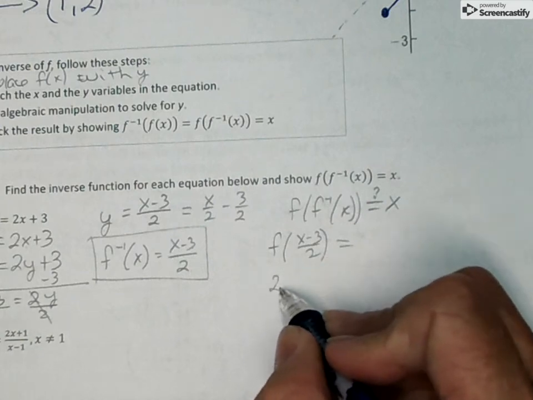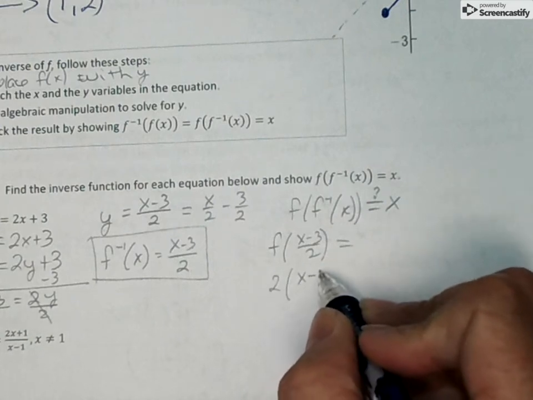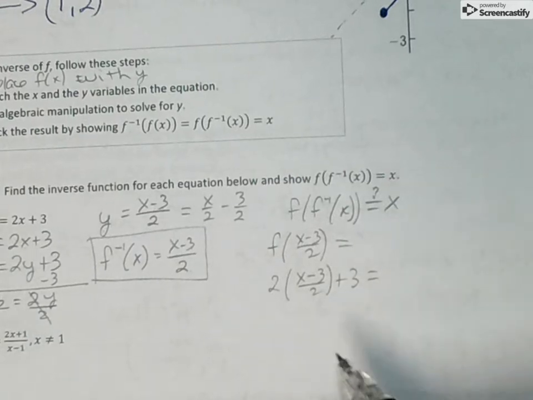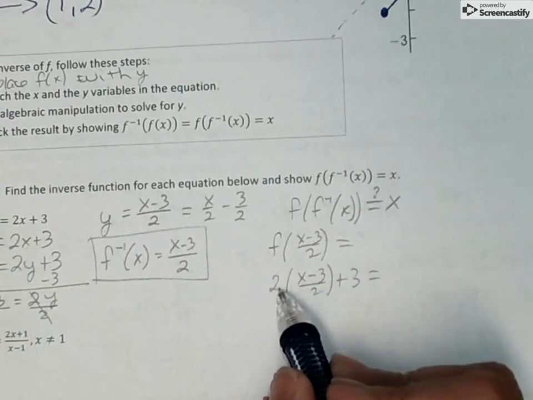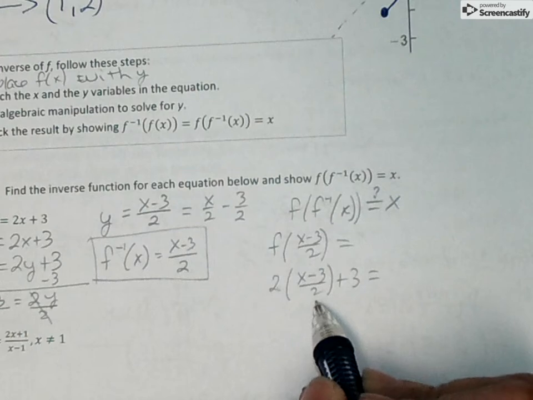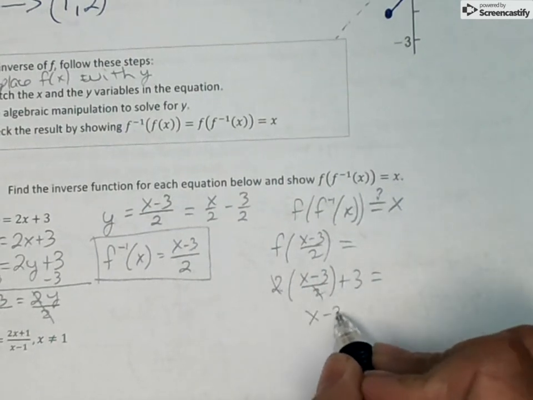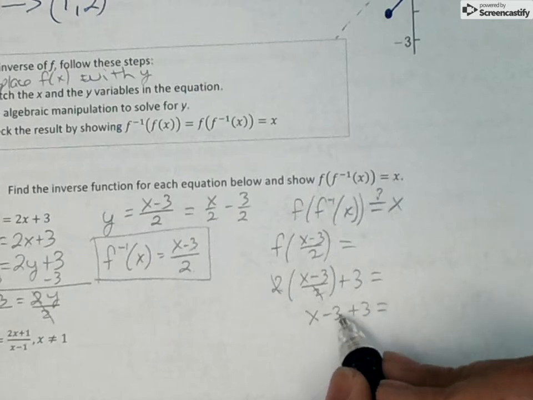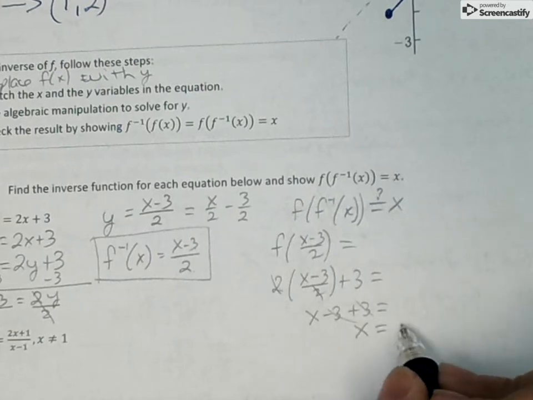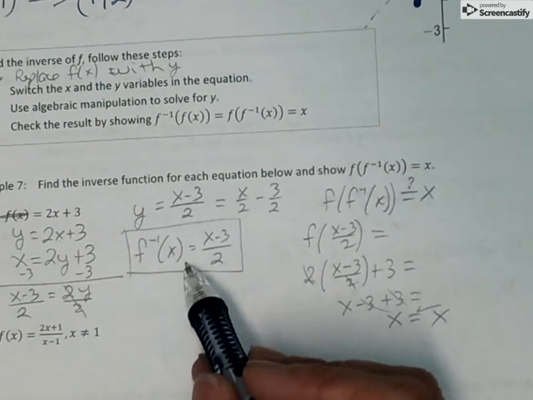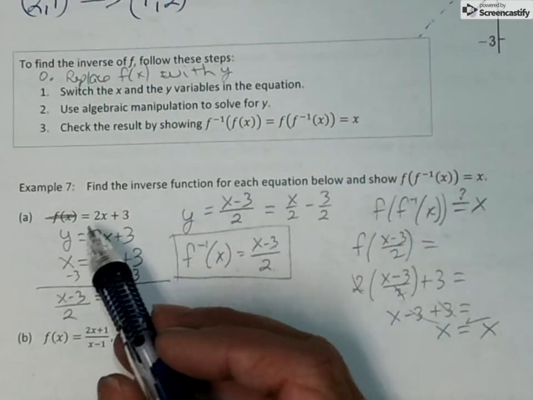The original function says 2 times your input plus 3. Here I'm multiplying the numerator by 2, but I'm also dividing by 2, so the 2's cancel each other. So I have x minus 3 plus 3. The 3's cancel, so I have x equals x. I have now proven that this is the inverse of function f.